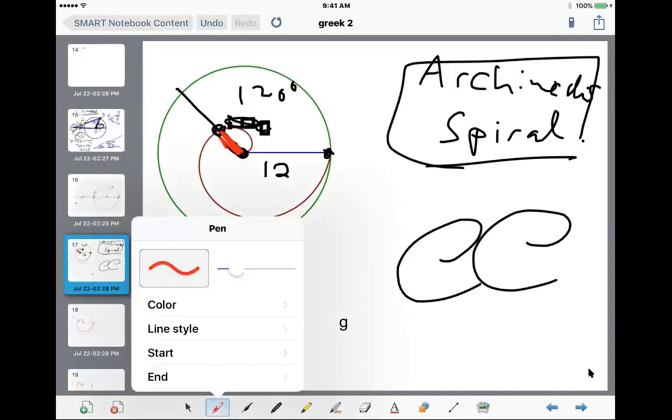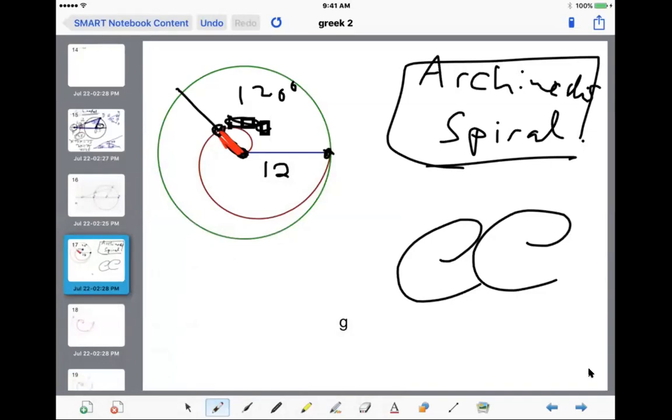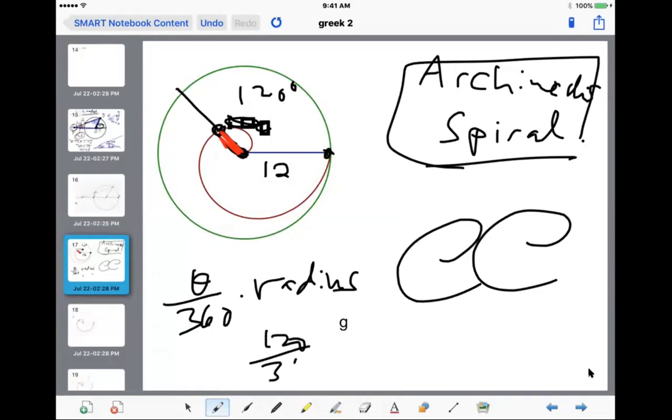You're right. It's theta over 360 times the radius. In this case, 120 over 360 times 12 is 1/3 times 12 equals 4.